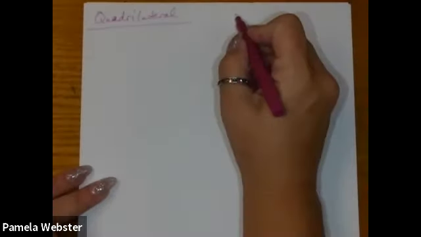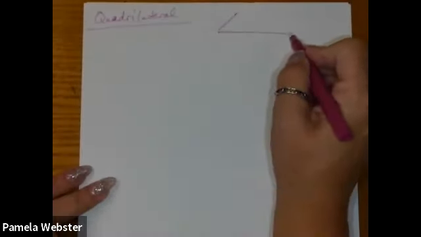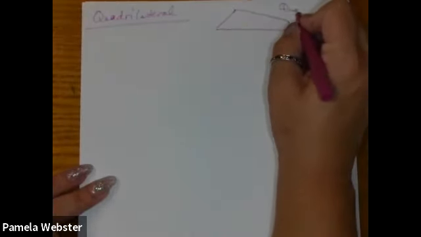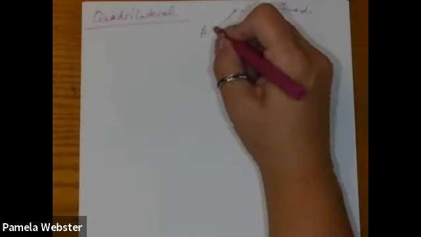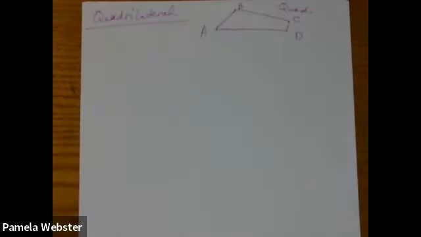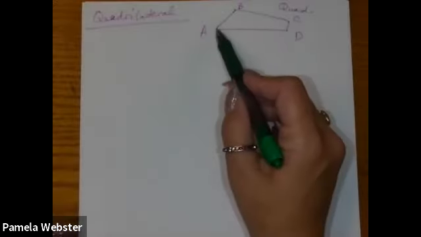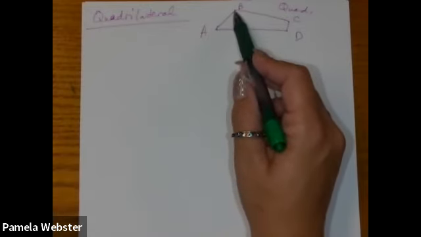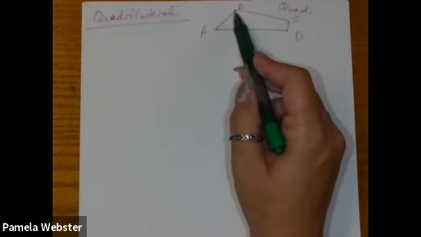Diagonals. What's a diagonal? Here's my quadrilateral. I'll try to make it as close to what's on the picture there. Let's name it A, B, C, D. A diagonal is a line between 2 non-consecutive vertices, okay? So A to B is already connected because that is a side of the quadrilateral, so that can't be a diagonal.